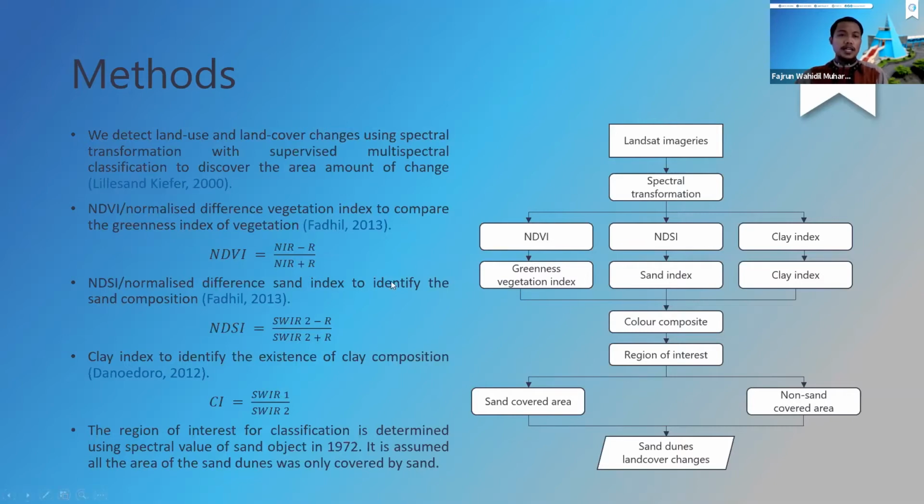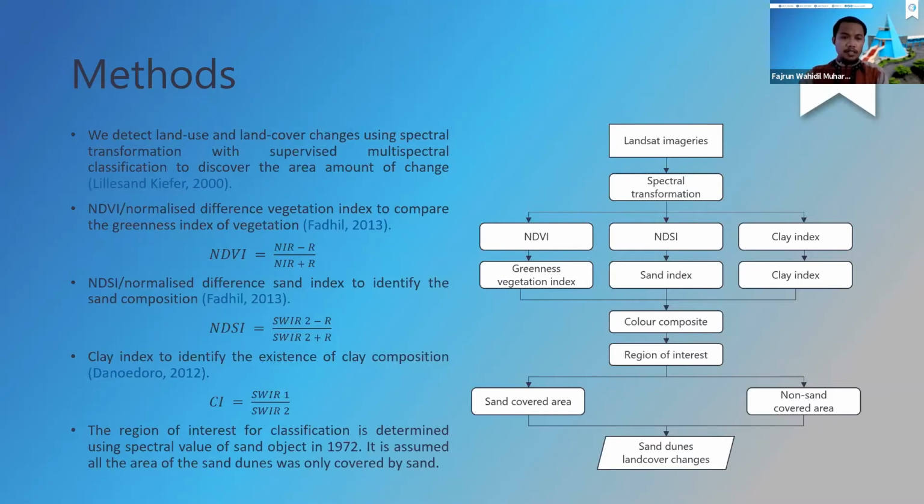Second, we use the normalized difference sand index to identify the sand composition itself because the sand is getting fewer and fewer year by year. And then we also use the clay index in order to discover the intervention of soil solum into the sand dune area because of agricultural purposes.